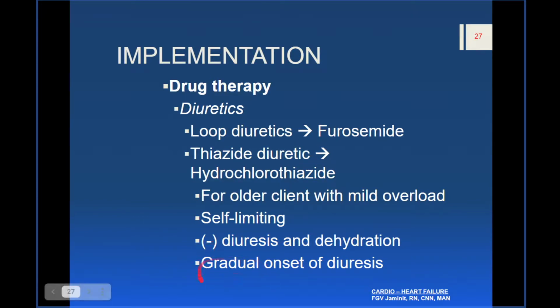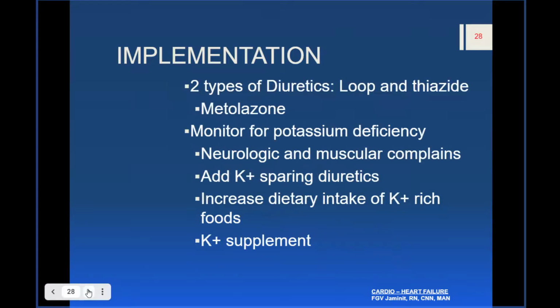It helps in gradual onset of diuresis. That's why it's best for older adults, to prevent dehydration. The other type of diuretic, as I have mentioned, your loop diuretic and thiazide diuretic in the form of metolazone.